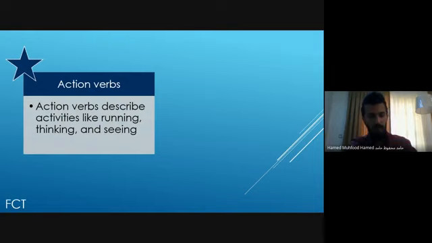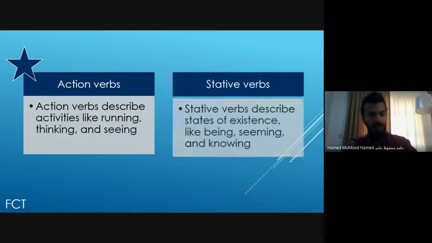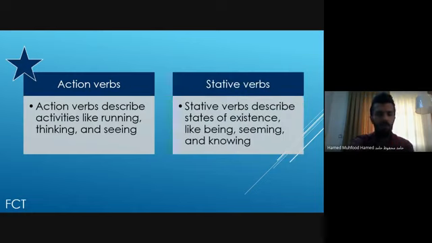So these are the action verbs. What is the other type of verbs? It's the stative verbs. And what are the stative verbs? Stative verbs are those that describe states of existence, like being, seeming, knowing.